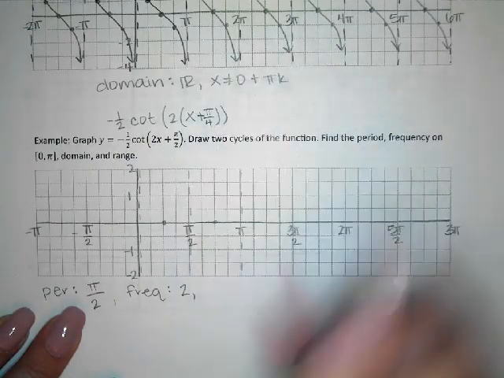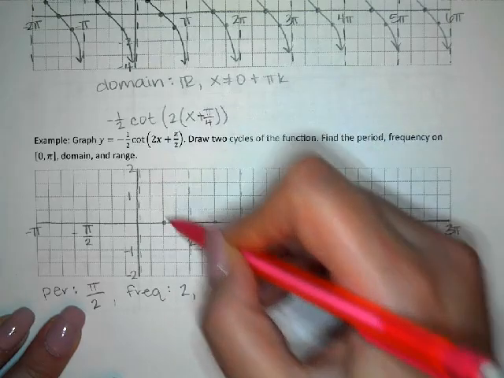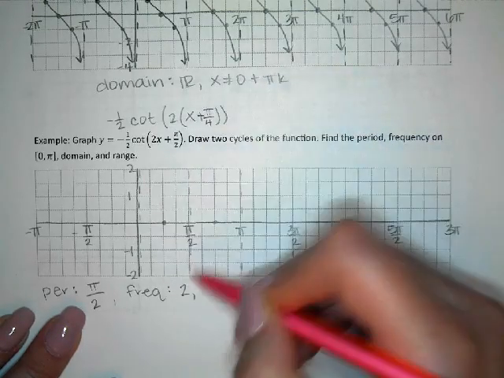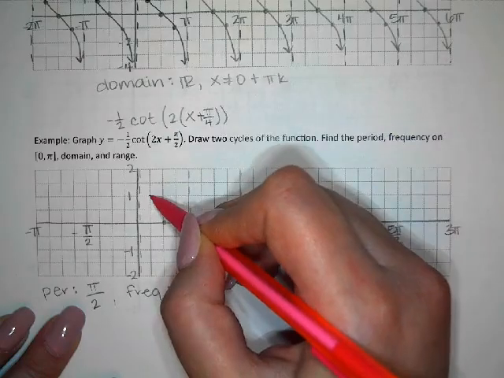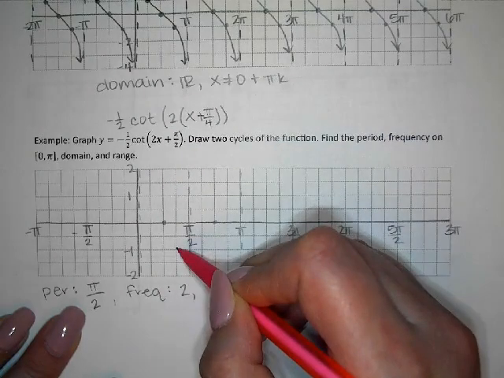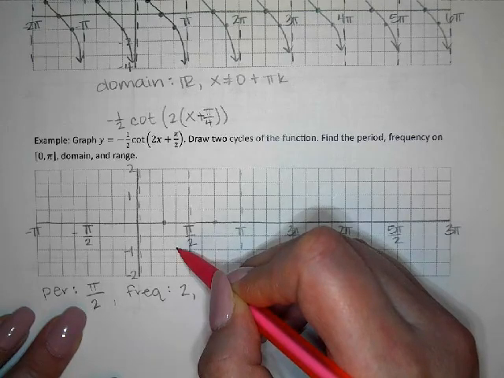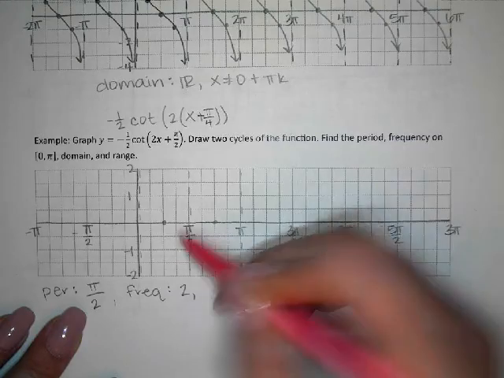However, instead, I have to compress the graph to 1/2, and I have to create the negative version. So instead of starting at 1 and going up on this side, I'm going to have to start at 1/2, and I'm going to have to go down instead.